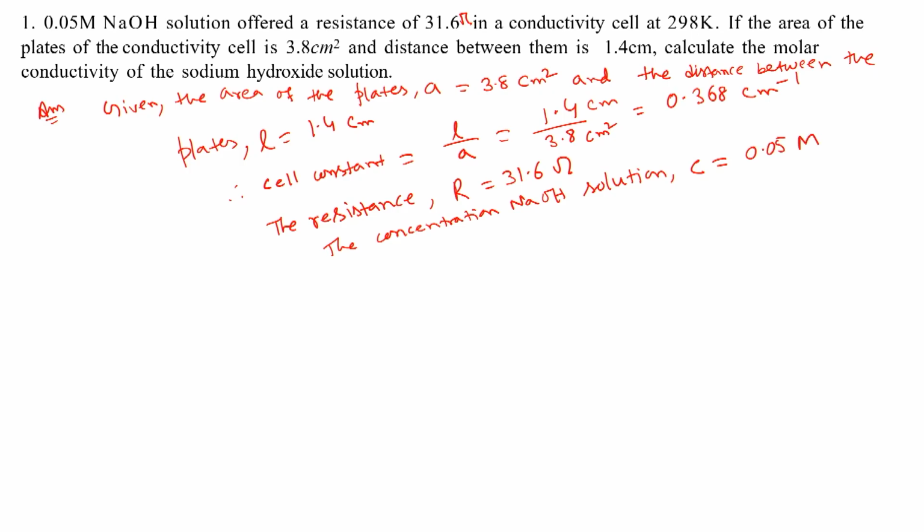So, the conductivity kappa, we know, is the cell constant times conductance.